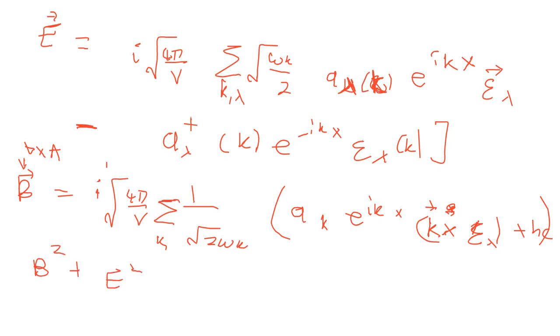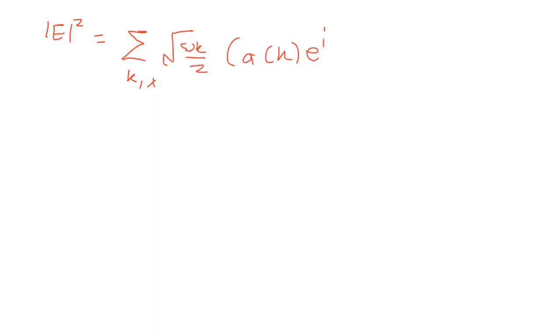So it's going to be very messy. Maybe I should try and do the first part. Let's try and calculate E squared. So E squared, you get the first sum over k, lambda, square root of omega k over 2, a of k e^{ik·x}.